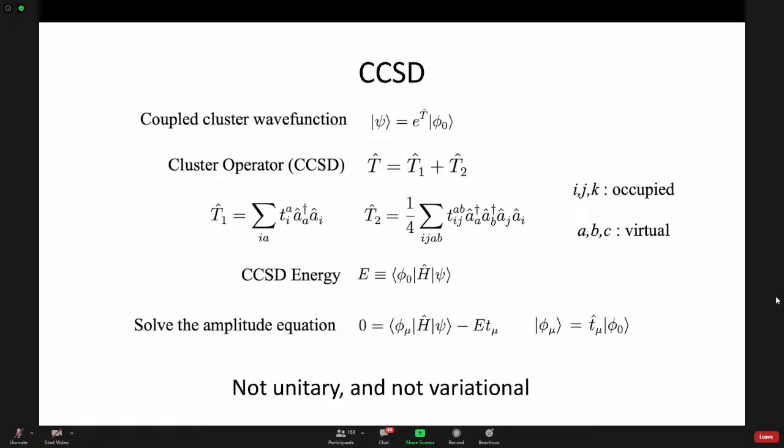And next, we want to create a circuit. This is the coupled cluster method that I previously showed, but truncated into singles and doubles. This coupled cluster singles and doubles is frequently used. However, this is not unitary and it is not variational, so we can't use this directly on a quantum computer as we did on a classical computer.